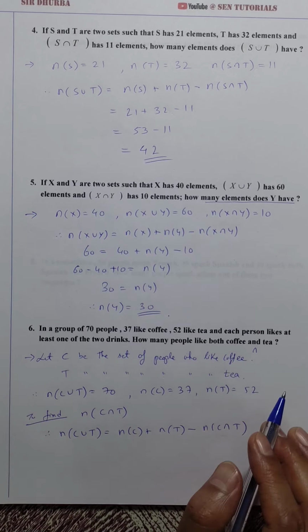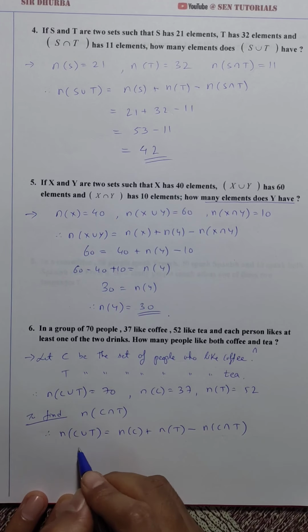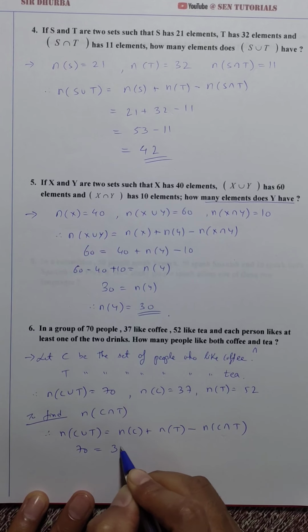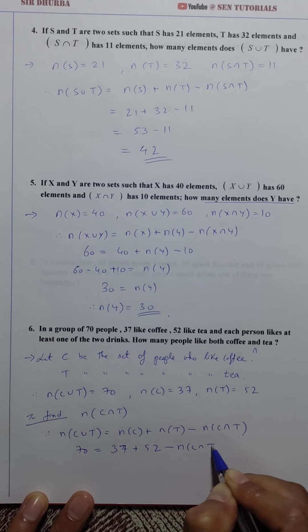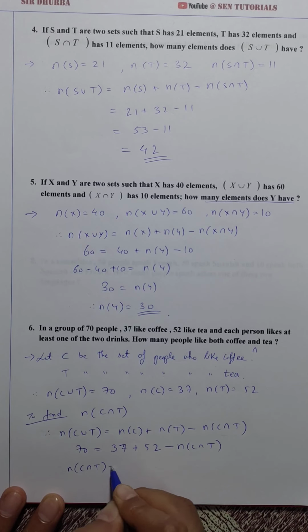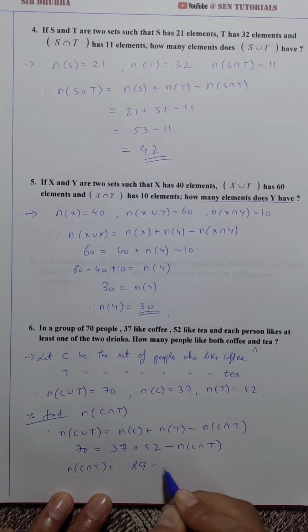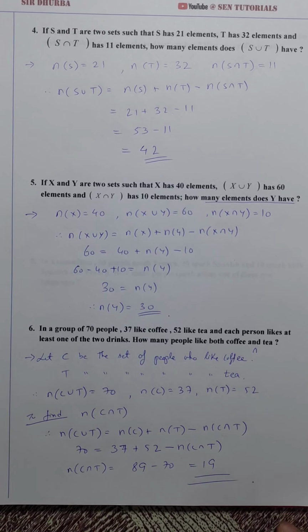I hope this time I'm not making any careless mistakes, which I'm very known for. So this is 70, 37, 52, and C intersection T. The number of elements of C intersection T would be 89 minus 70, which is 19. So we have 19 people who like both coffee and tea.